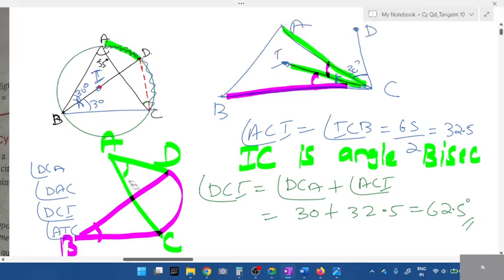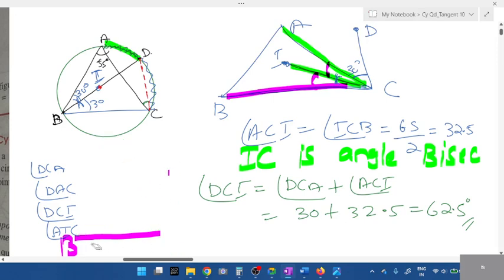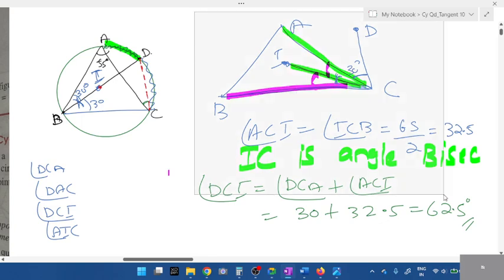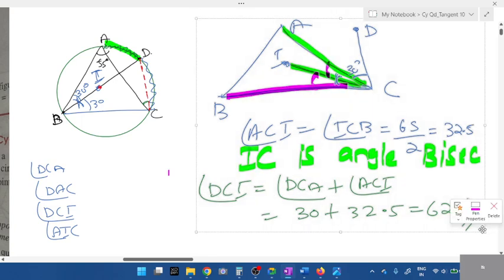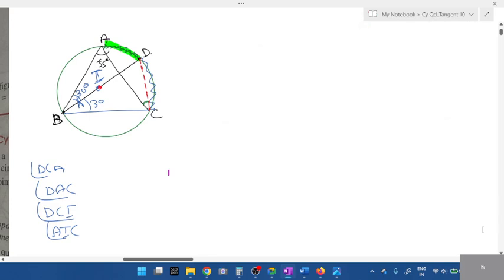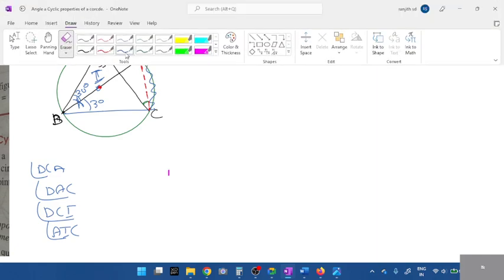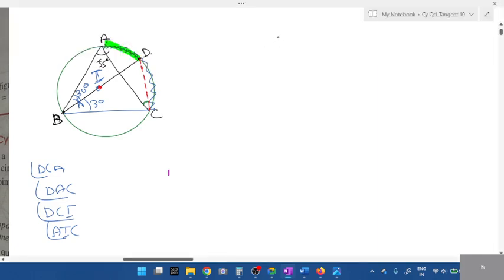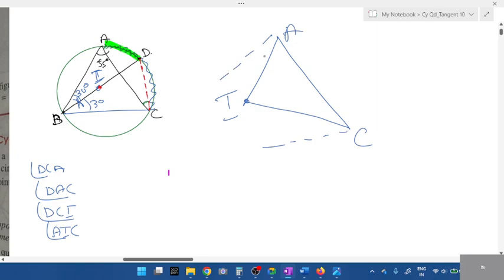Now the last question is a bit lengthy, students. Shall we do the last part, AIC? If you have understood angle, you'll get only one question for incenter. So just remember this concept. The last question is a lengthy one, incenter concept. Now look here. We need to find AIC. This is I, this is A, and this is C. So this I will bisect A into how many parts?